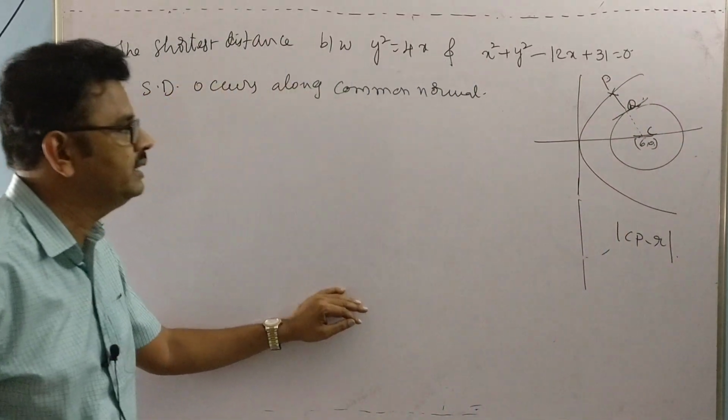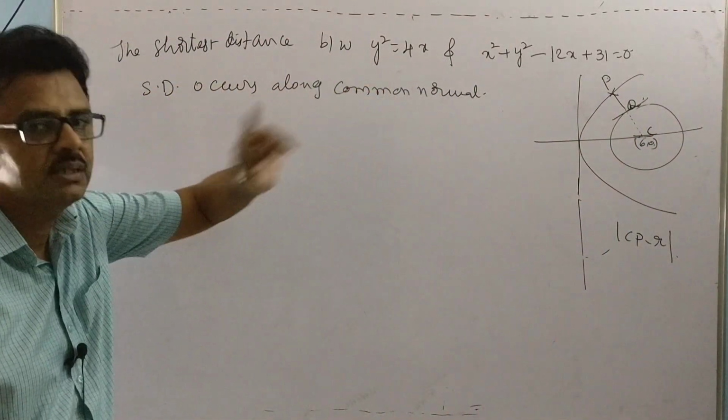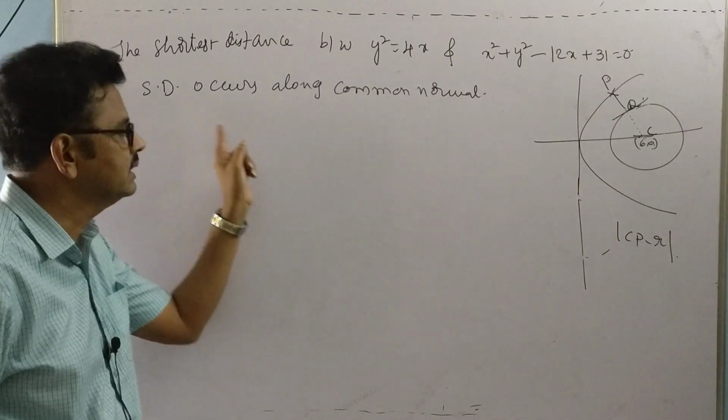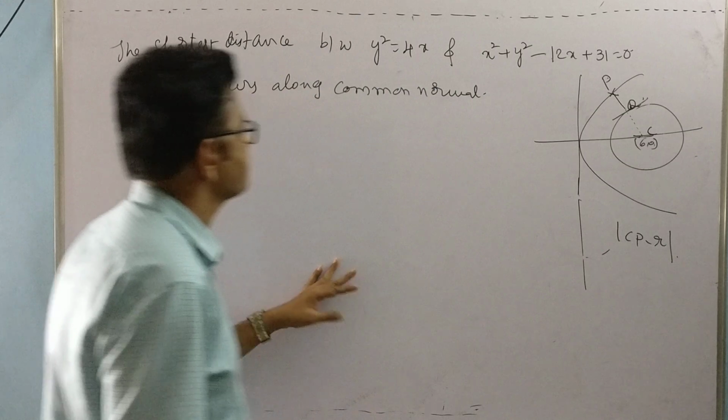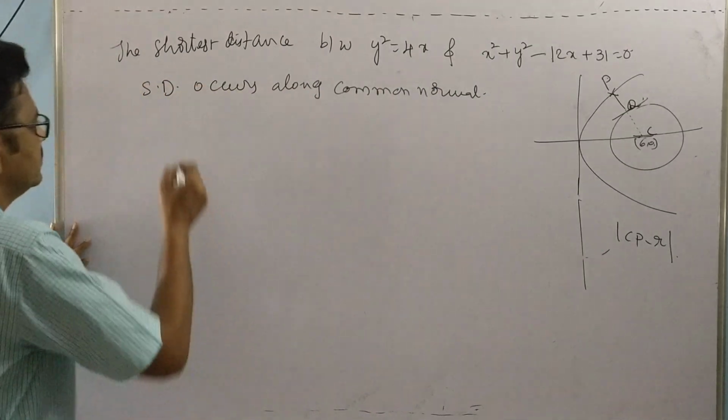So you have to find a point on the parabola first of all. Shortest distance occurs along the common normal. So y square is equal to 4x.